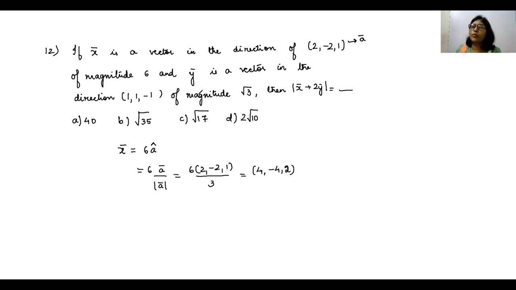Same way, find vector y, which is a vector in the direction of this vector, say b, with magnitude root 3. So y is root 3 b cap. Vector upon its magnitude, 1 square plus 1 square plus minus 1 square, root 3, cancel.